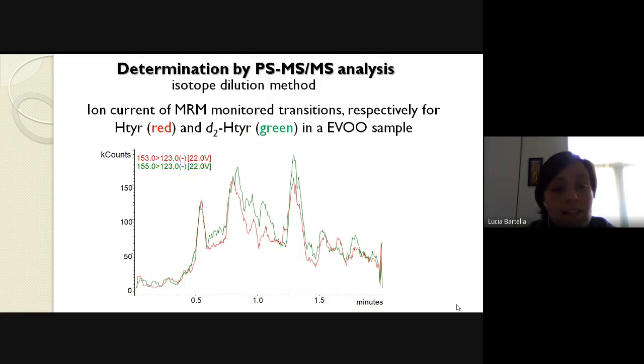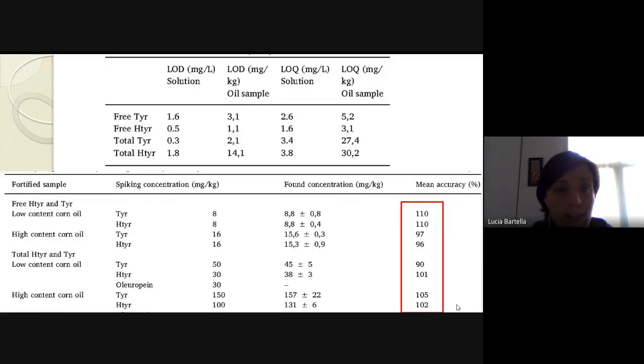And this current is used for quantitative determination. The obtained results, limit of detection, quantification, and accuracy are quite good. The accuracy in all cases is around 100%.